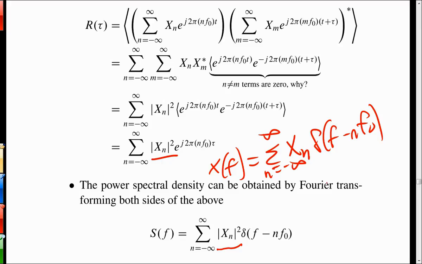And the other thing that we learned last week was that xn is equal to f naught times the Fourier transform of one period evaluated at n f naught, where f naught is 1 over the period.